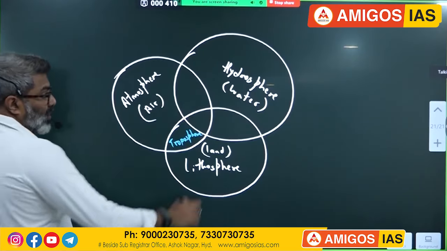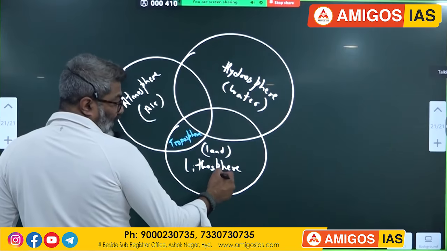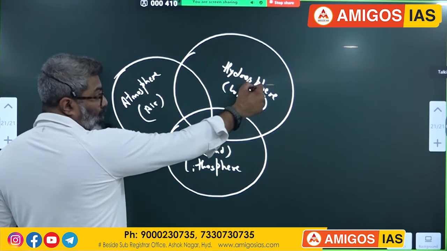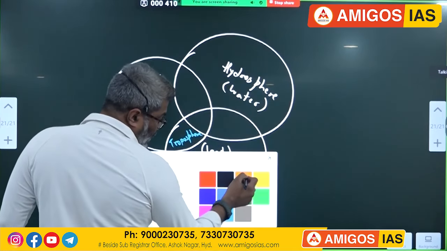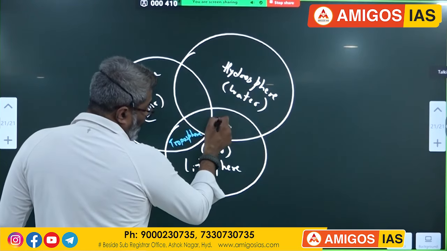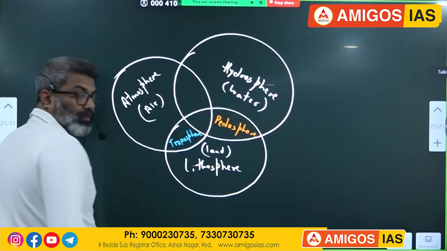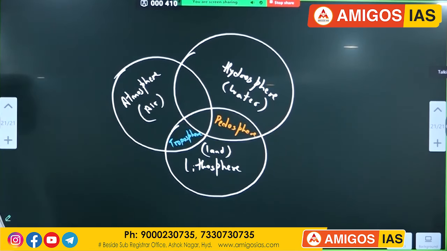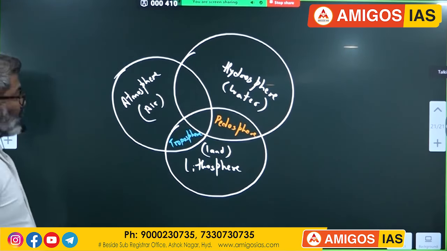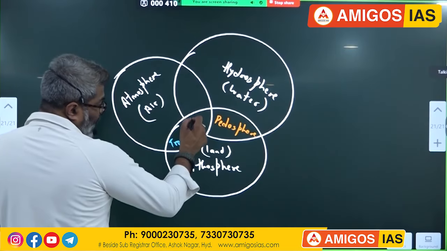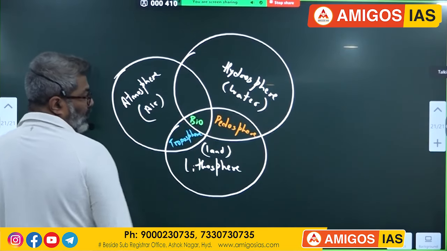Okay, please remember this. Part of the earth's surface, lithosphere, interacting with our water, correct? That is the uppermost part of the soil, pedosphere. Pedosphere. So the part of all these three which supports life is biosphere.